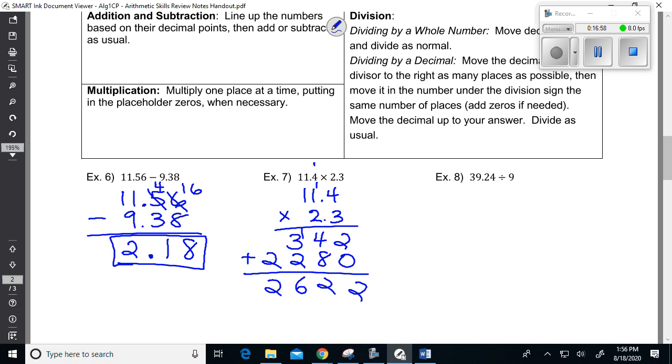So, there was 1 decimal place in 11.4. There's 1 decimal place in the 3. So there should be 2 decimal places in your answer. However many decimals you started with is what you need to end with. Decimal places just can't disappear.